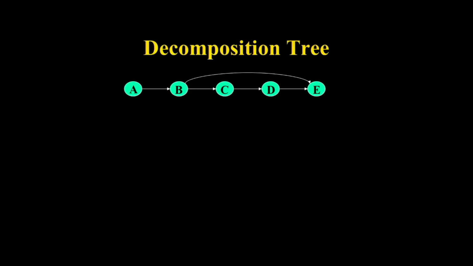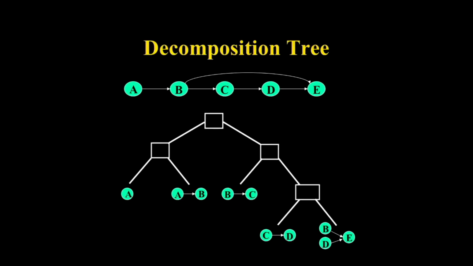Here's the device. It's also very simple to explain. It's called a decomposition tree or a D tree. Stare at it. This is the device for this particular network. So I have this Bayesian network at the top, A, B, C, D, E. And to guide you through this process of recursive conditioning, I'm equipping you with a D tree.